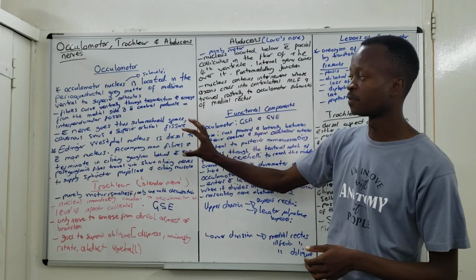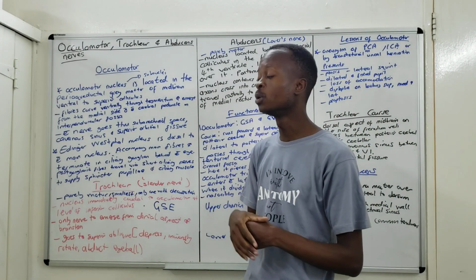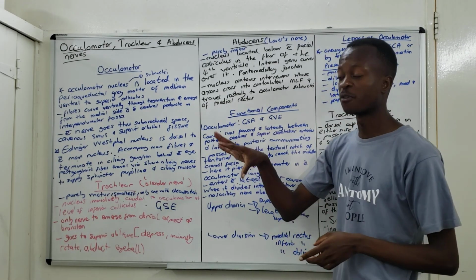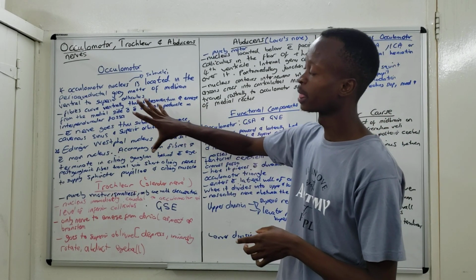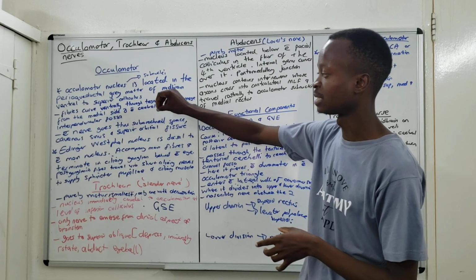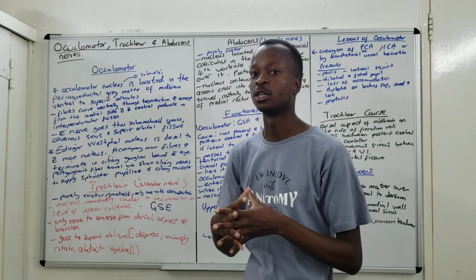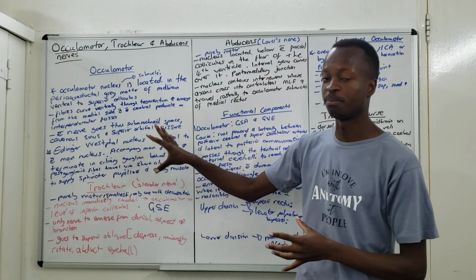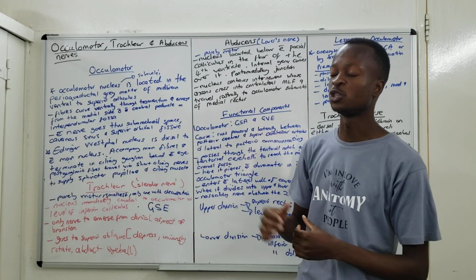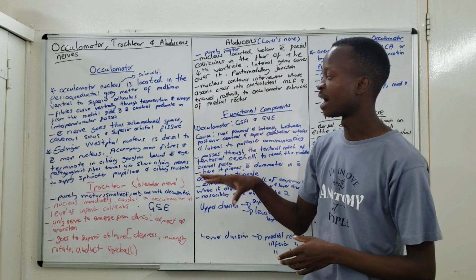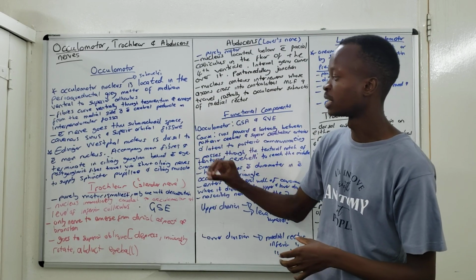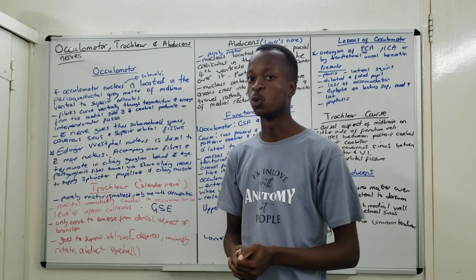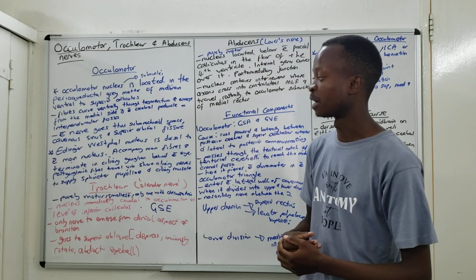This Edinger-Westphal nucleus is located just dorsal to your main oculomotor nucleus, and the fibers are going to accompany the main fibers of the oculomotor nerve, and the preganglionic fibers are going to terminate within your ciliary ganglion just behind the eye. Then you're going to have your postganglionic fibers traveling via the short ciliary nerves to reach the ciliary muscle as well as your sphincter pupillae muscle.